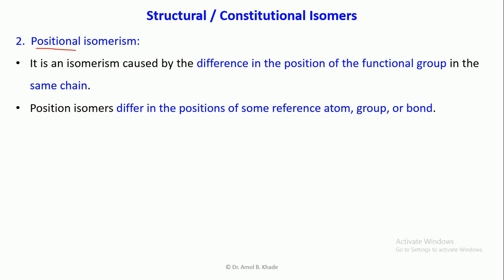What was changed? The skeleton of the carbon, the parent chain was changed. But in this case the chain will not change. What will change? The position of the functional group is going to change. So position isomers differ in the position of some reference atom, group or bond.